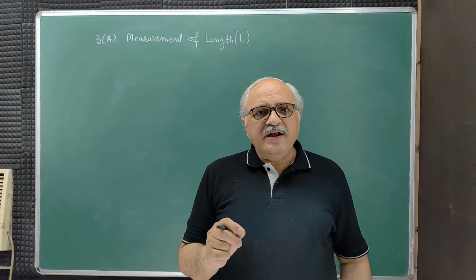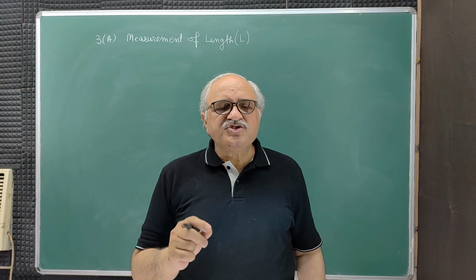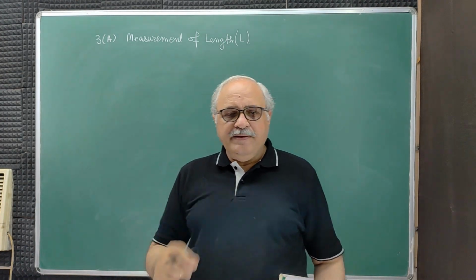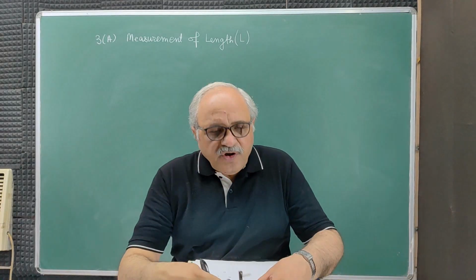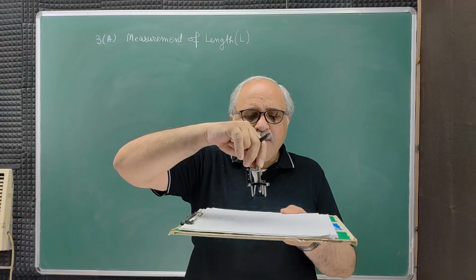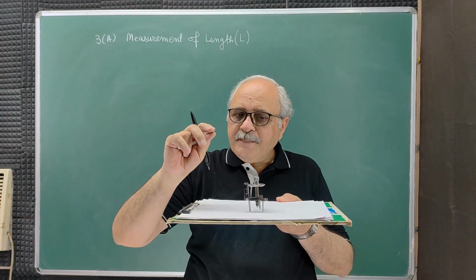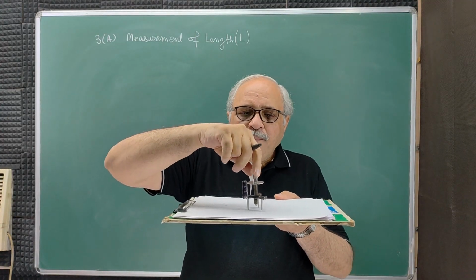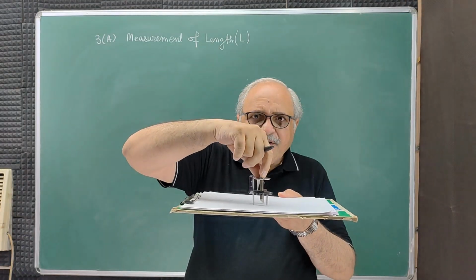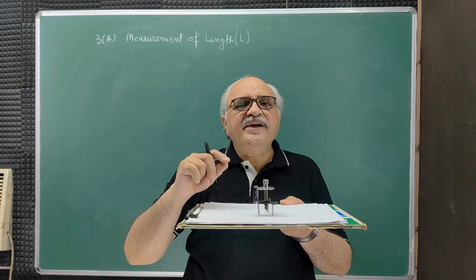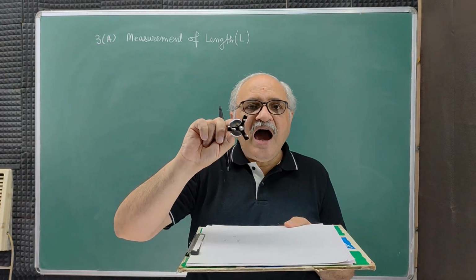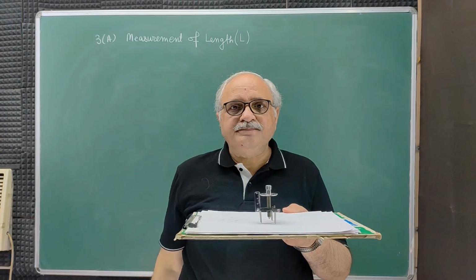The first part, we are doing the measurement of the distance between the legs, that is the length L. For this, you have to keep the central pin slightly up and keep it on a plain paper, push it a bit. You will get the impression of these pins because the legs are sharpened at the bottom.